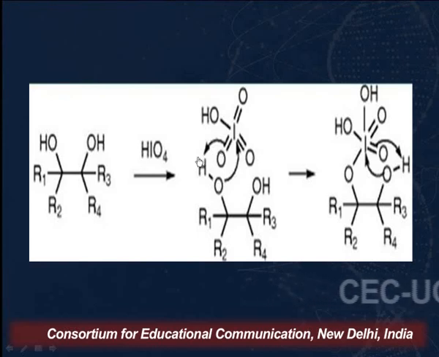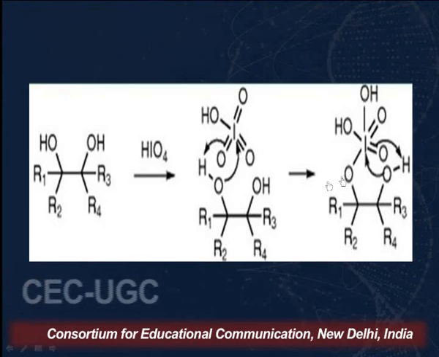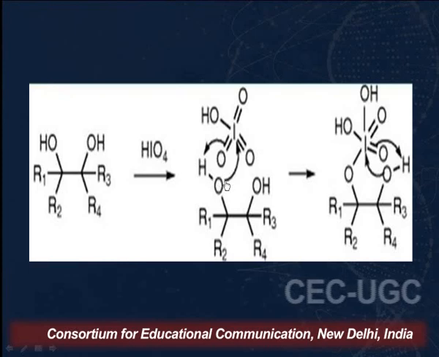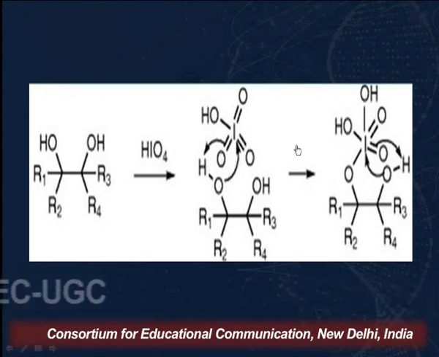So this oxygen now picks up a proton from here, and we get this structure here. The bond is being formed through this oxygen to iodine, and this O has been converted into OH.